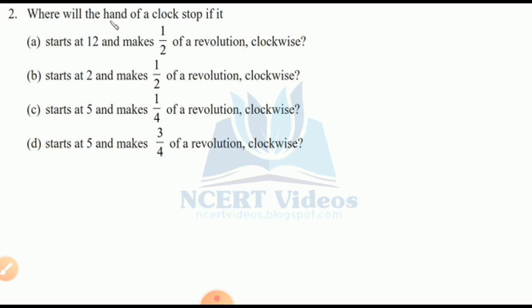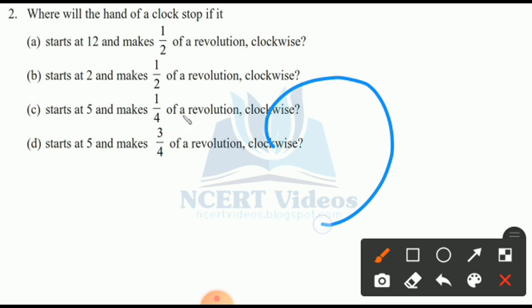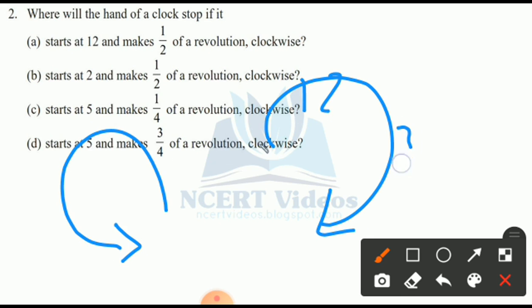Yes. Now question number 2. Where will the hand of a clock stop if it starts at 12 and makes half of a revolution clockwise? Yes, my dear students, I want to clarify. Clockwise means it has to move in this direction, and anti-clockwise means it has to move this side. Okay? 12, 3, 6.